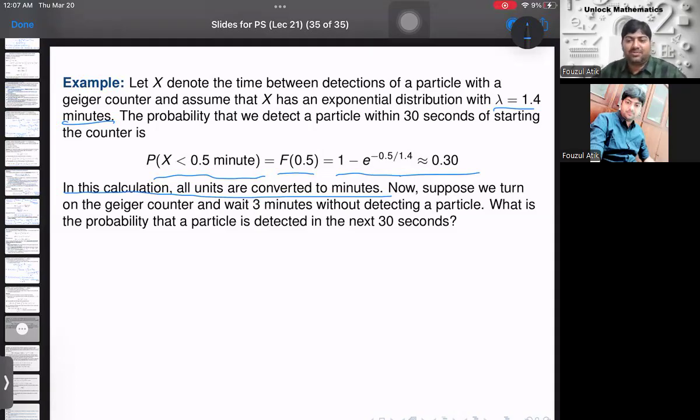Correct? So you have your probability density function, because it is randomly distributed. So what is the probability density function? Maybe I can write it first. f(x) is equal to lambda e to the power minus lambda x. So it is in minutes: 1.4 e to the power minus 1.4 times x, whenever x is greater than or equal to 0, and equal to 0 otherwise, because it is already given.